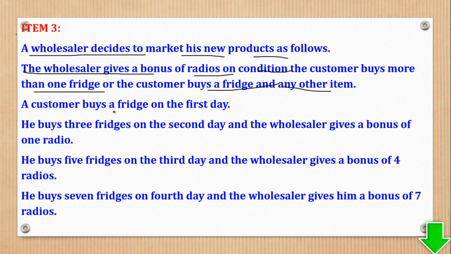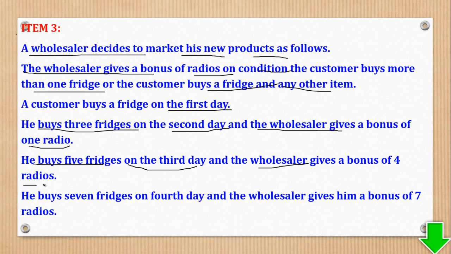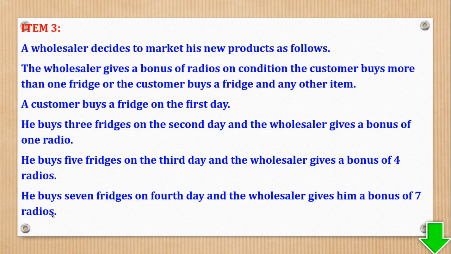A customer buys a fridge on the first day. He buys 3 fridges on the second day, and the wholesaler gives a bonus of 1 radio. He buys 5 fridges on the third day, and the wholesaler gives a bonus of 4 radios. He buys 7 fridges on the 4th day, and the wholesaler gives him a bonus of 7 radios.